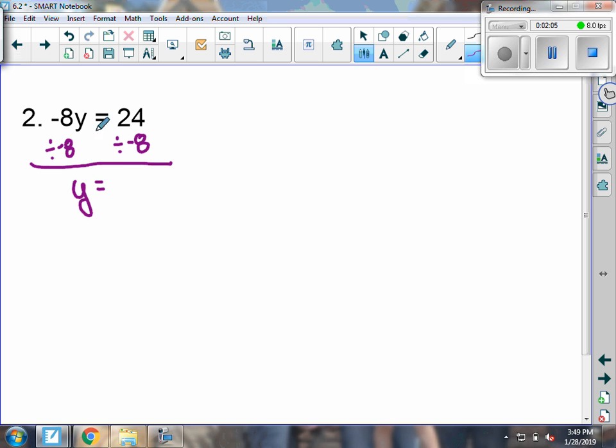So I have y is equal to, because those negative 8's cancel out, 24 divided by negative 8 will give me negative 3. If you're struggling with your negatives still, plug them into your calculator, please. That'll make it a little bit easier for you. So positive divided by a negative is a negative. So 24 divided by 8 is 3, and it's going to be negative because we only have one negative here. So our answer is going to be negative 3. So this time we're dividing both sides by our coefficient.